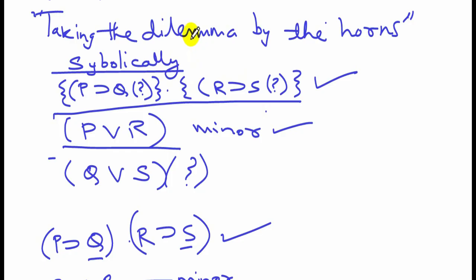In this way, the dilemma is shown to be powerless. Since the dilemma is compared to a bull, showing that the consequence do not follow is taking the dilemma, that is the bull, by the horn being the dangerous consequences. Now, we will take some dilemmatic arguments and refute them.